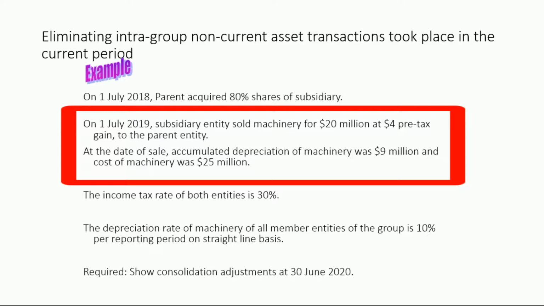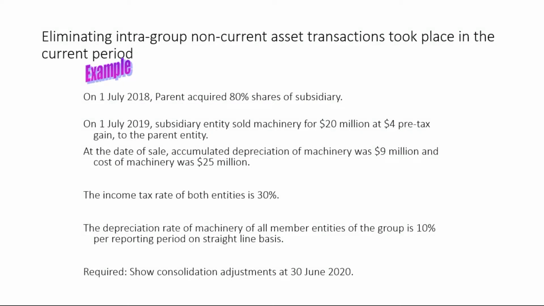What it means is that the carrying value of that asset that the subsidiary sold is 16 million. That 16 million comprised of 25 million cost less 9 million of accumulated depreciation.